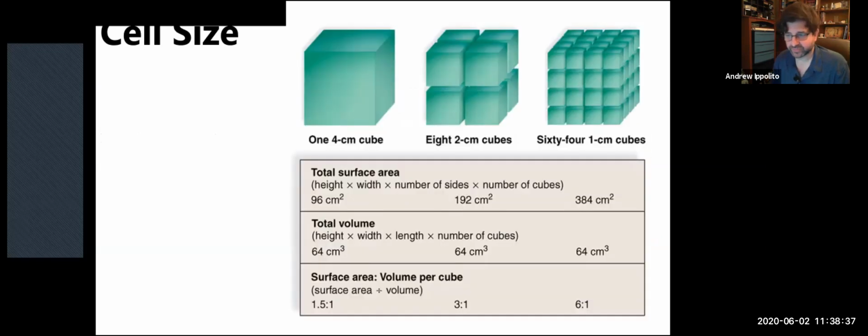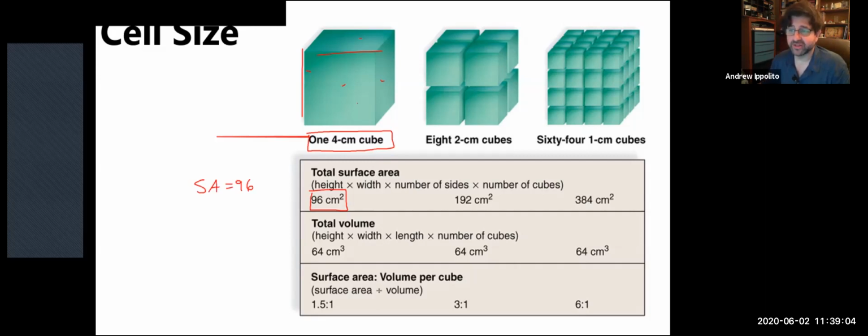From a mathematical perspective, you can see here that if we take a single 4 centimeter cube and we calculate the surface area, which is just the height times the width times the number of sides, there's 6 sides to a cube. You get 96 square centimeters. So the surface area is 96.